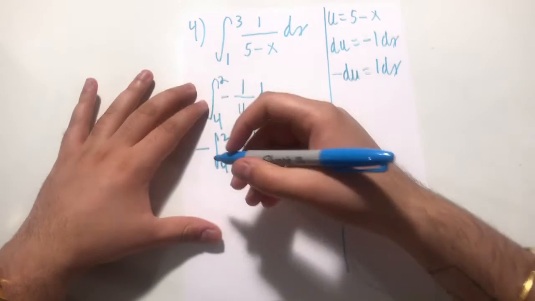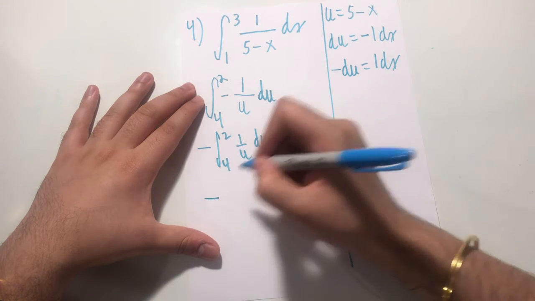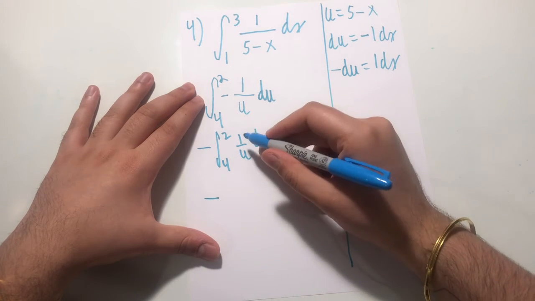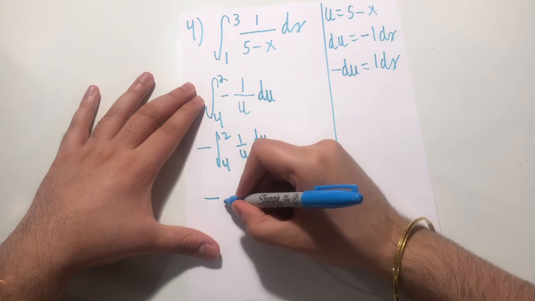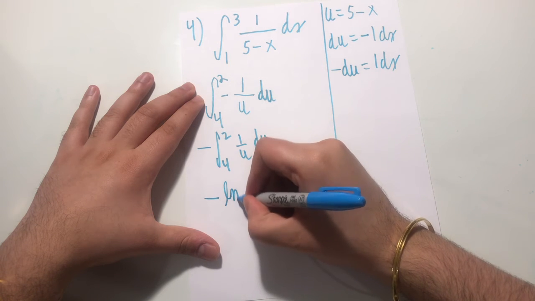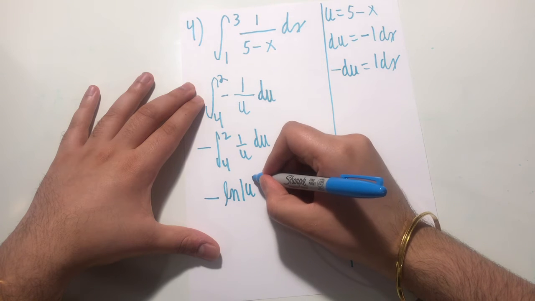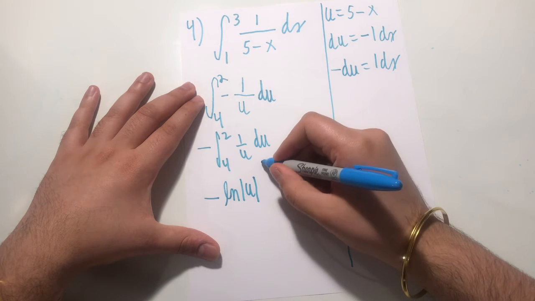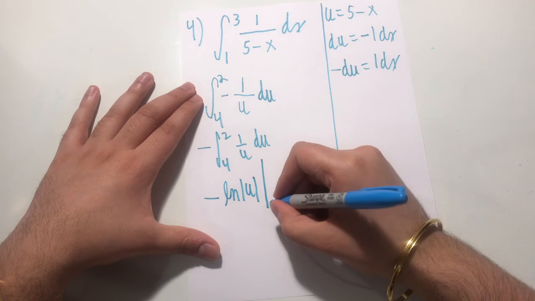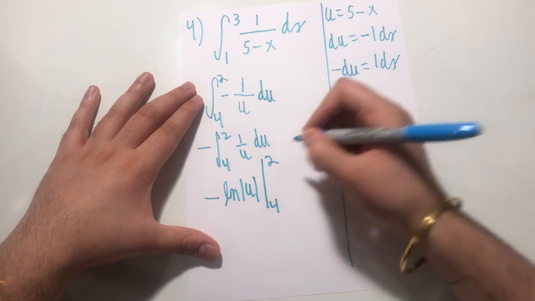So negative stays there, and the integral of 1 over u should be the natural logarithm of the absolute value of u. And now we set our bounds of integration like this, from 4 to 2.